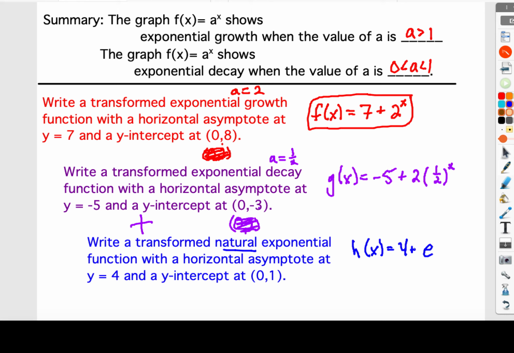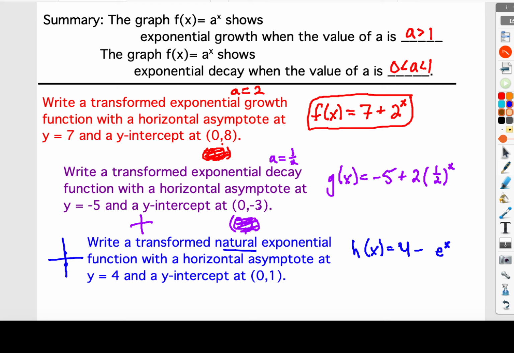I better vertically reflect, right? So let's go ahead and erase here real quick. I'm going to go ahead and say, how about 4 minus e to a power, right? And in that same way, again, thinking about that graph, normally we're at 0, 1. I'm already going to be reflected down to -1.